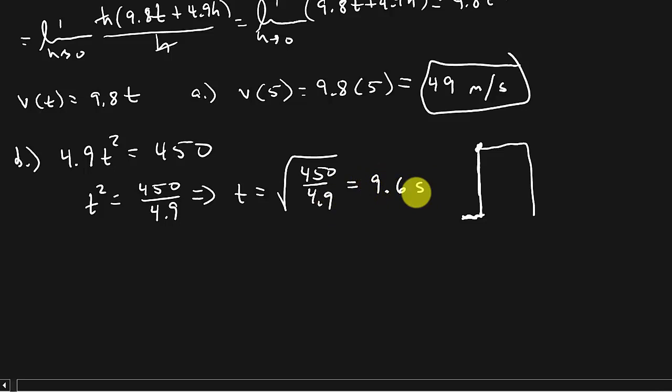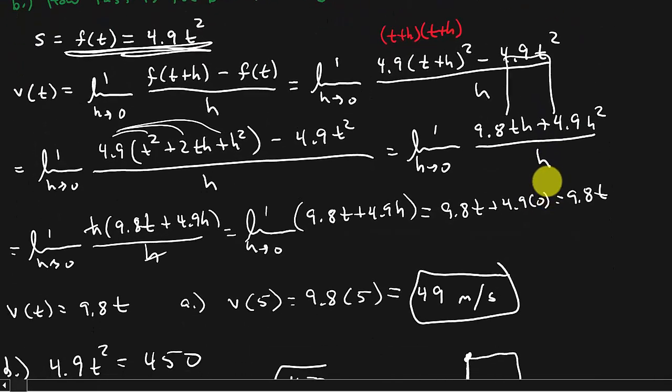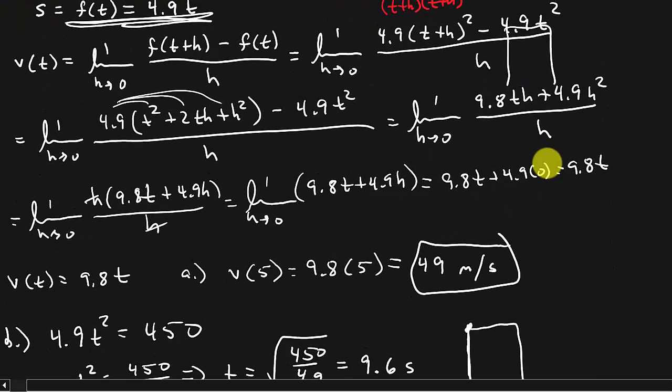And so now to find the velocity, well, the velocity when it hits the ground is the velocity evaluated at 9.6. Okay, so you see, by finding the velocity function like we did, where is it? There it is. Let me underline it.